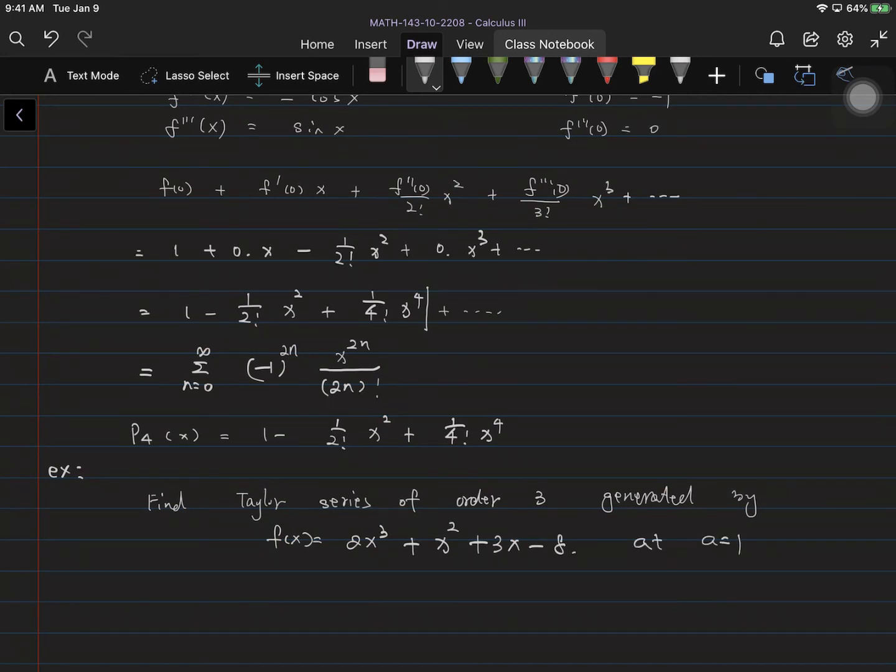I'm going to give you the solution later. So we can stop here for this section. All we need to know is just the Taylor series. Okay, and Maclaurin is actually a special case of the Taylor series because it's centered at 0.